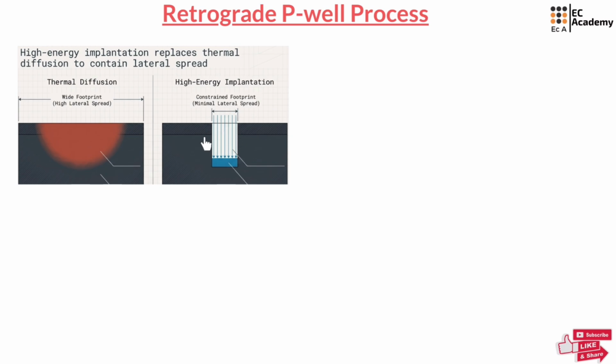As you can see carefully, because the spreading is less compared to the older method, we can put transistors closer to each other. This will enable smaller transistor spacing and it will also improve the packing density. Which means we can have more transistors in less space.